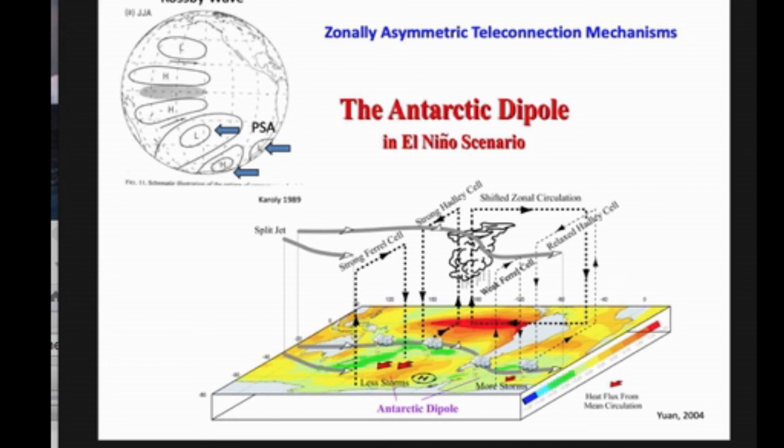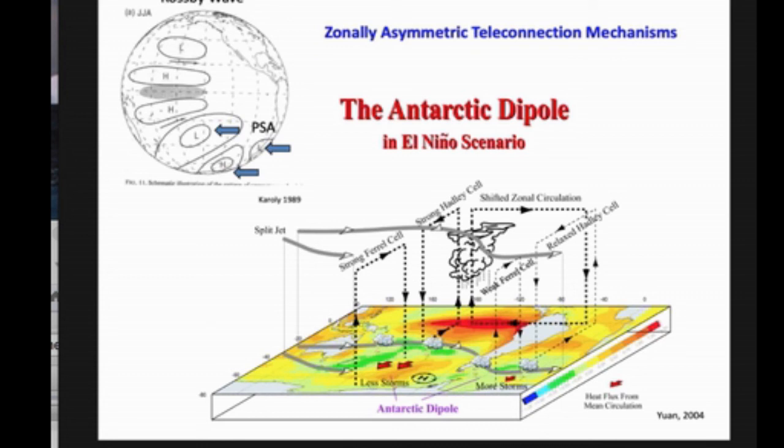This is an example of ENSO changing the mean circulation, but there are still basin differences. It's not zonally symmetric. And then you have a weaker Ferrel cell. Remember, this is a stronger Ferrel cell and a weaker Ferrel cell. So you push the lower branches, and the mean circulation moves warm moist air to the polar region.